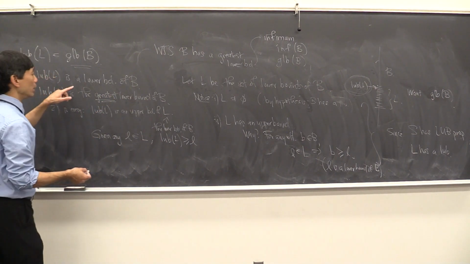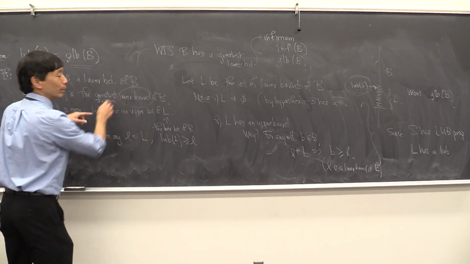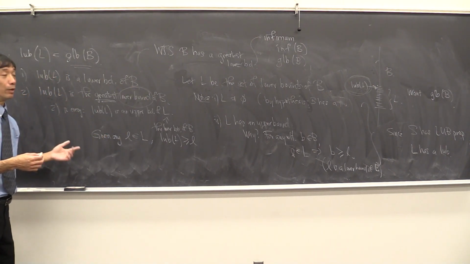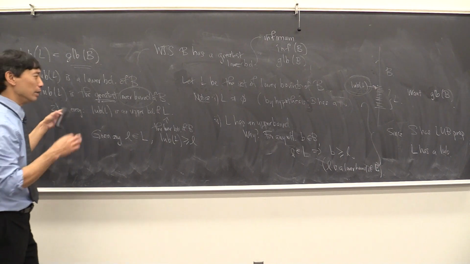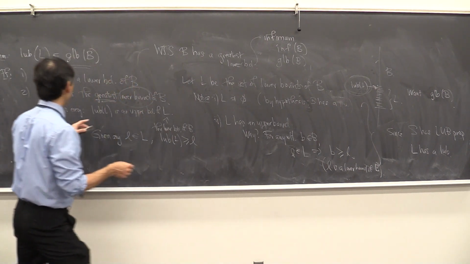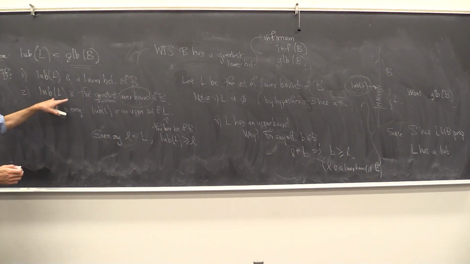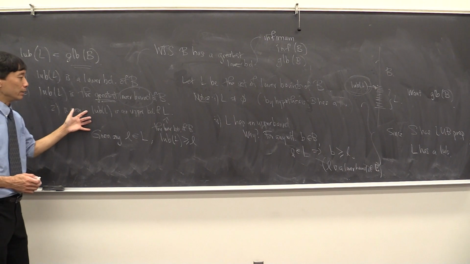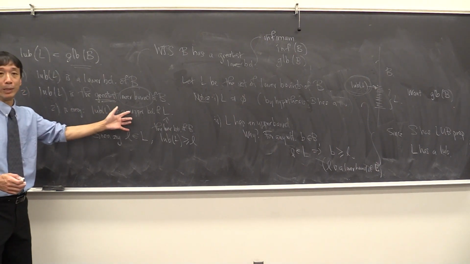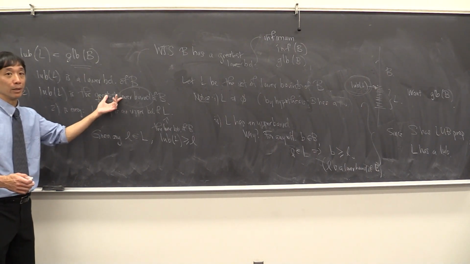Okay. What we don't know is if it is actually a lower bound at all. That's the hard part, or the harder part. So if we knew that this thing were actually a lower bound, we'd be done, because as we just said, it's bigger than or equal to everybody else, so it would be the greatest lower bound.